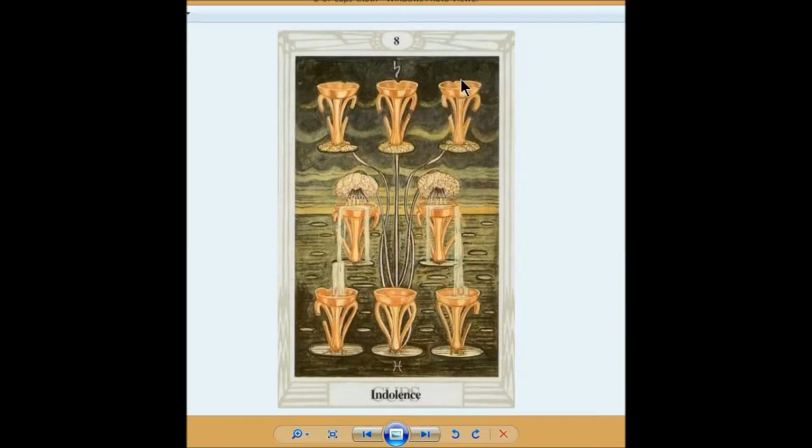So we need time to heal ourselves, and that does take time and effort. The lower cups here are not exactly filled to the brim, so either that or they're empty.